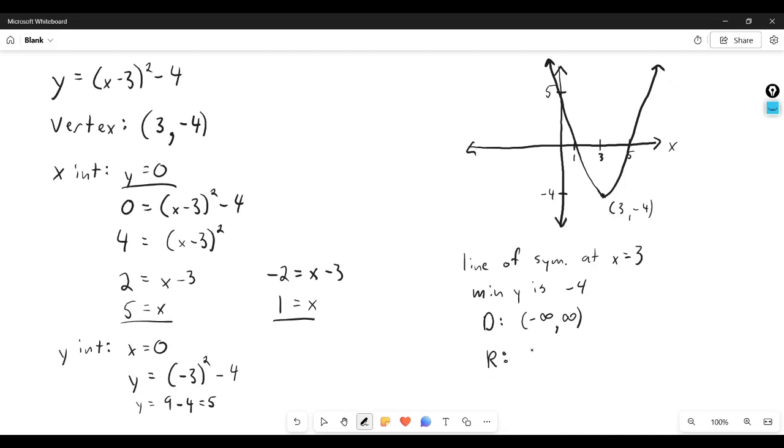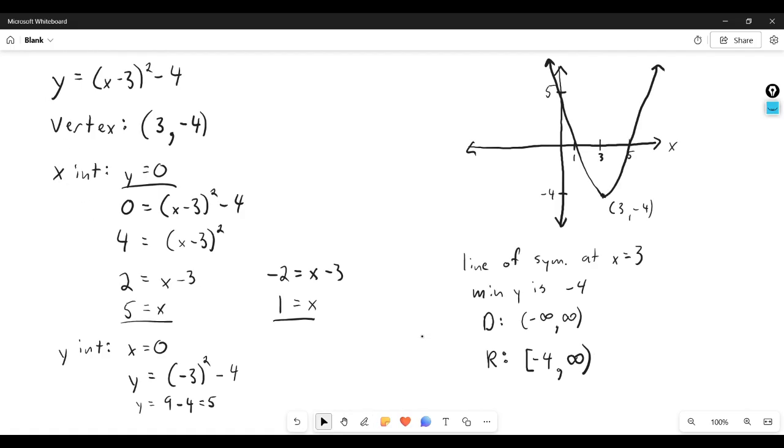The lowest it gets is minus 4, and it does equal minus 4, so you put the square bracket for that one. It can go all the way up to infinity, but nothing ever reaches infinity, so you put a round bracket on that one. Okay, so that's the entire question for this function that we wrote.